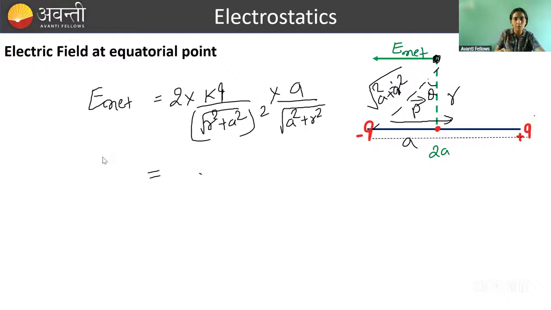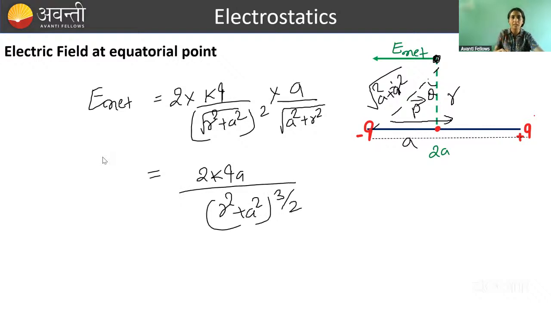Now if you are going to solve it, 2KQA divided by R square plus A square whole power 3 by 2. क्योंकि here there is one power, square कर दोगे root हट जाएगा, so single power, and here there is half power. So half plus 1 power कितना हो जाएगा? 3 by 2. So that is why this.